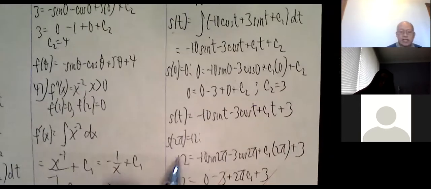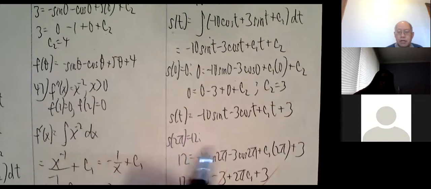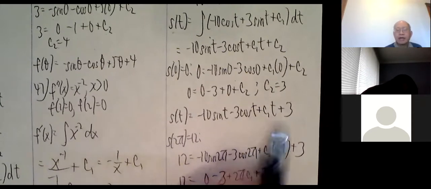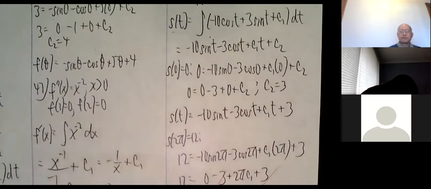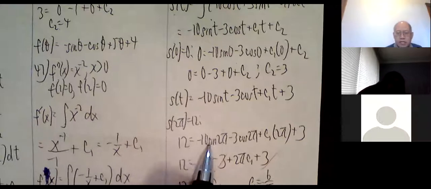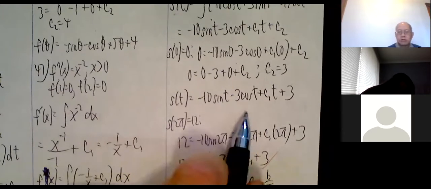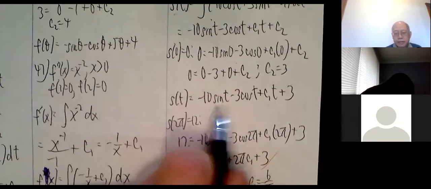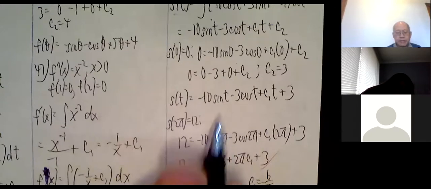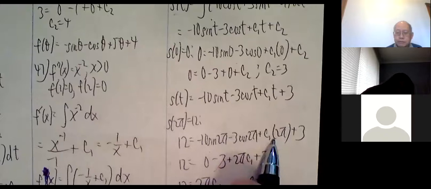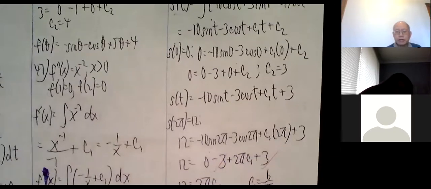Now I use the fact that S of 2 pi is 12. So I plug in 2 pi there, and there, and the result is 12. So 12 is negative 10 sine of 2 pi minus 3 cosine 2 pi. And of course, because sine and cosine are periodic, when you plug in 0, you get the same thing as 2 pi. But not so over here. Plug in 2 pi there, plus 3.